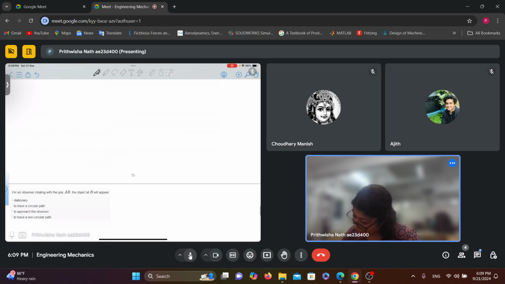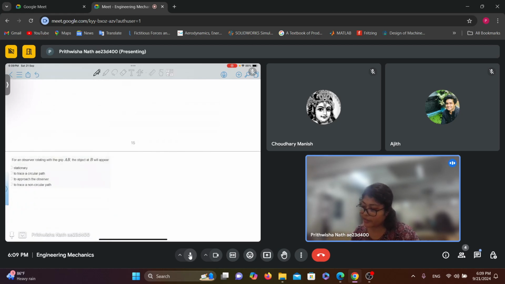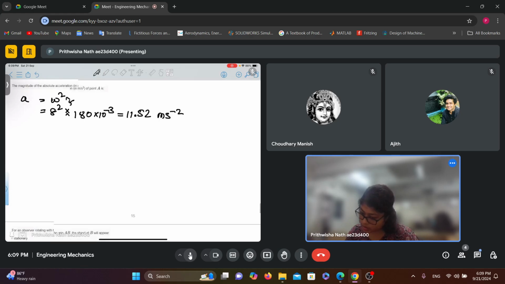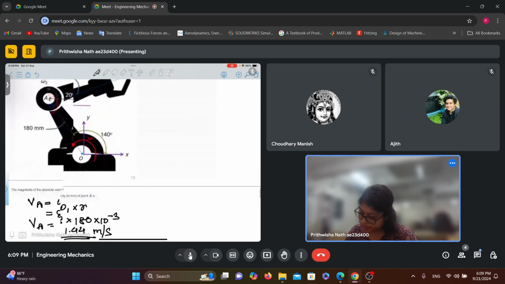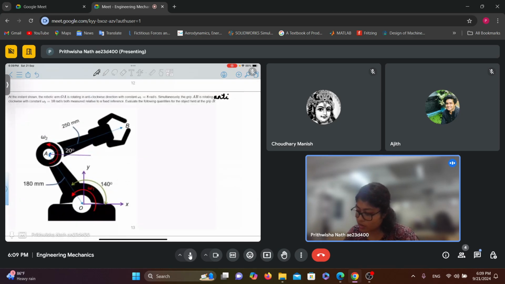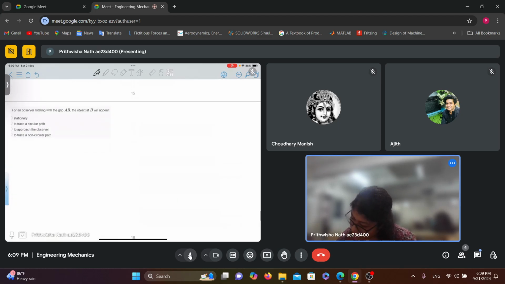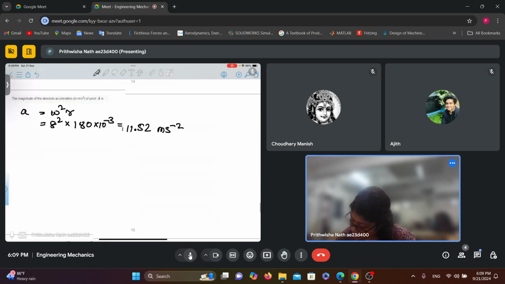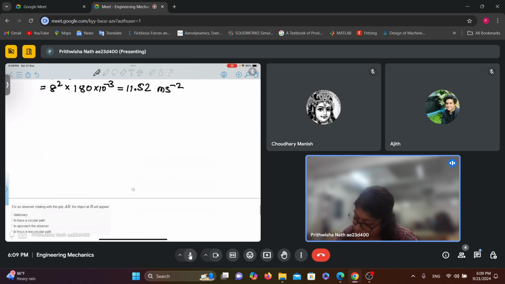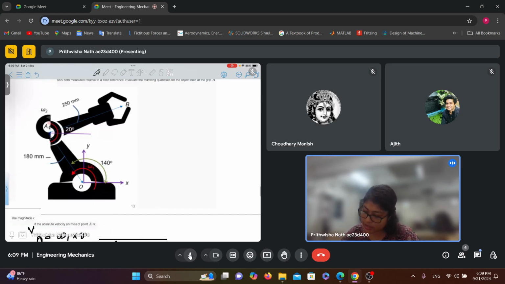Now, for an observer rotating with grip AB, the object B will appear to be stationary, to trace a circular path, to approach the observer, or to trace a non-circular path. So suppose the observer is on the grip, rotating with the link AB.